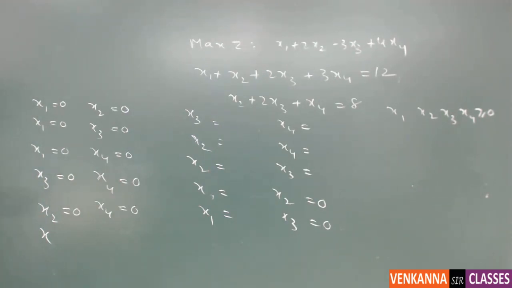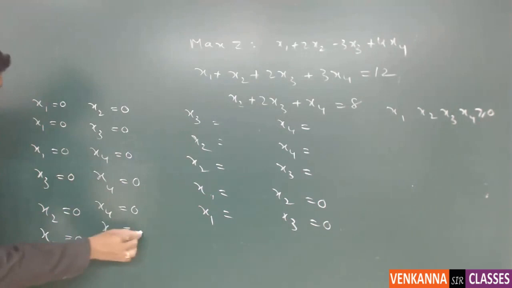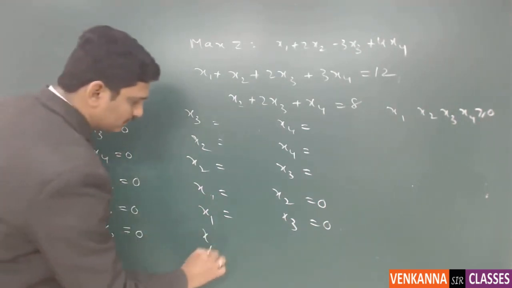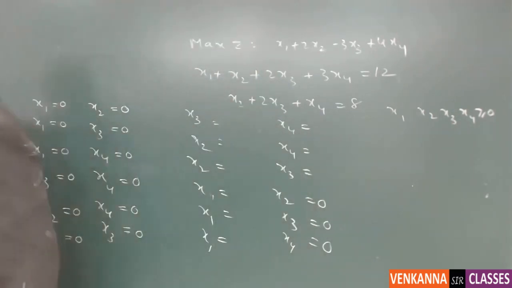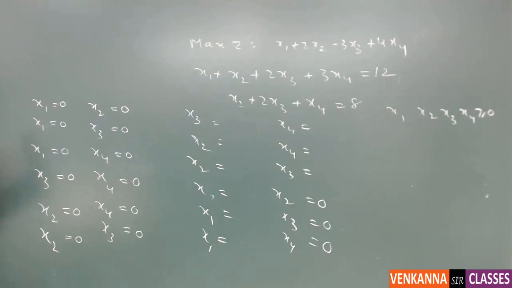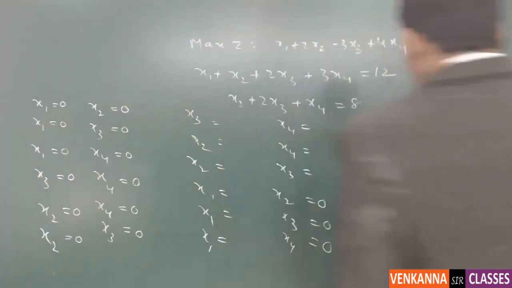Putting 2 variables 0 and finding the other 2. Right, x2, x3 set as 0, and you find x1 and x4. I hope what I am doing is clear for everyone. Okay. After finding these, you can find z also.